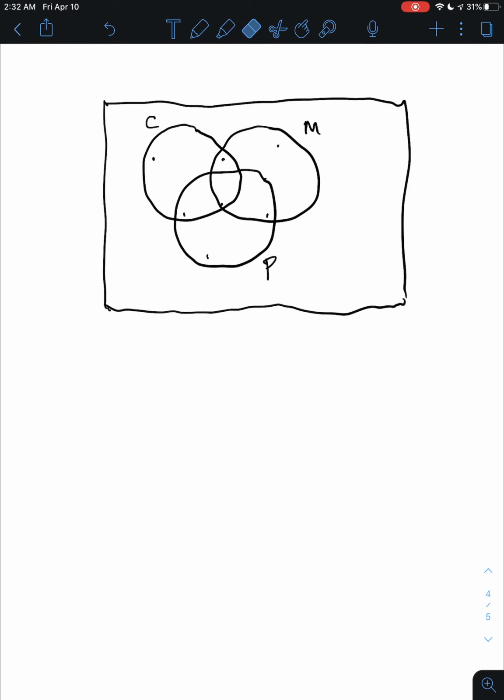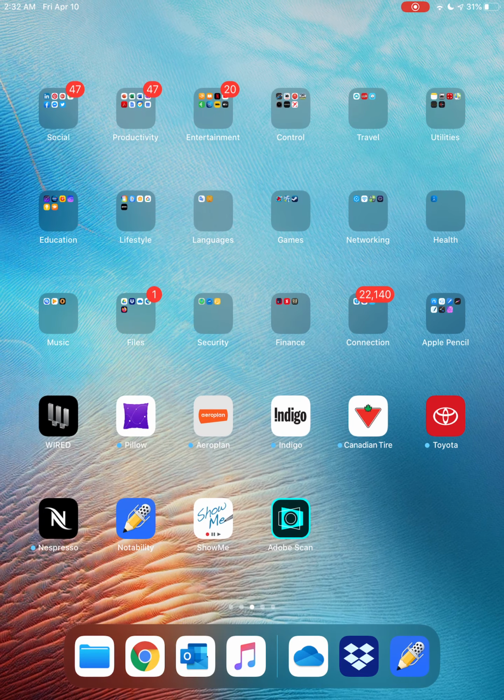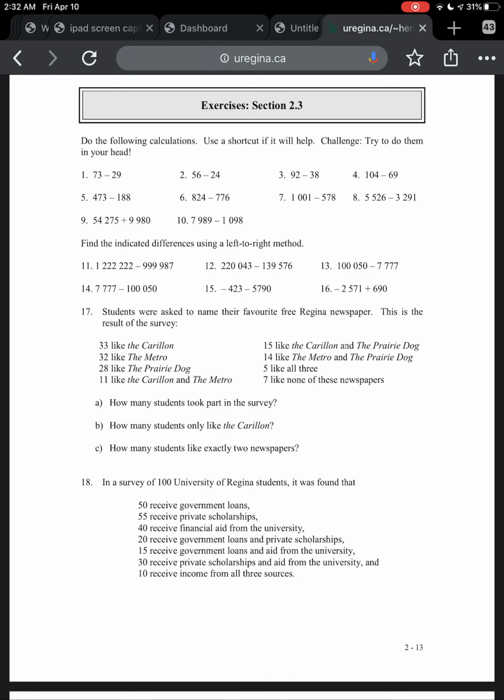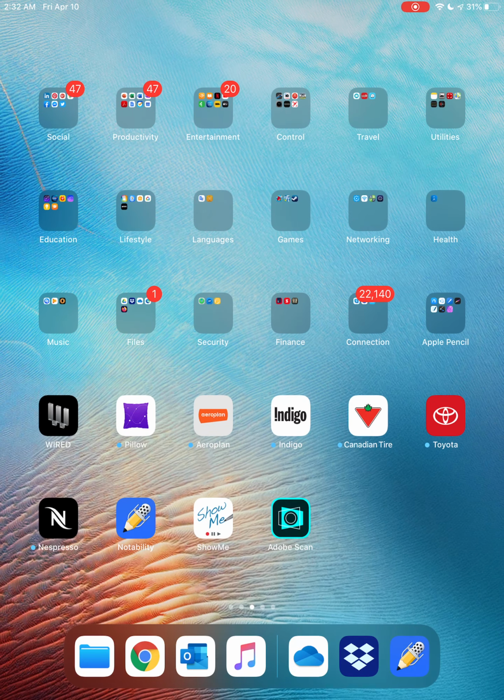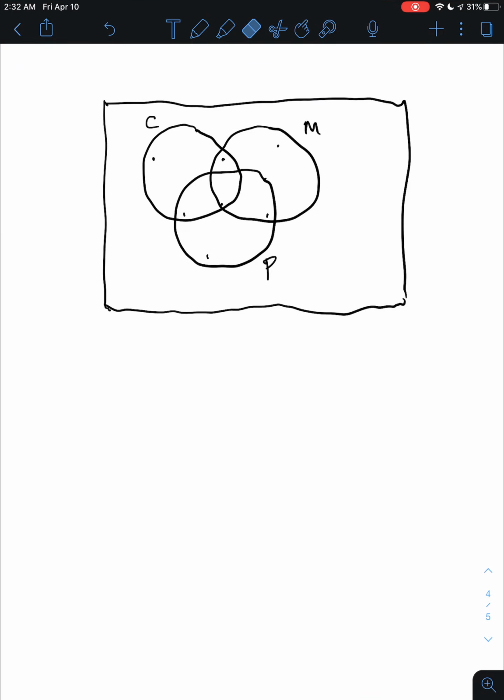All right, so here's the data. I'm just going to copy it from the question. 33 like C, 32 like M, 28 like the Prairie Dog.